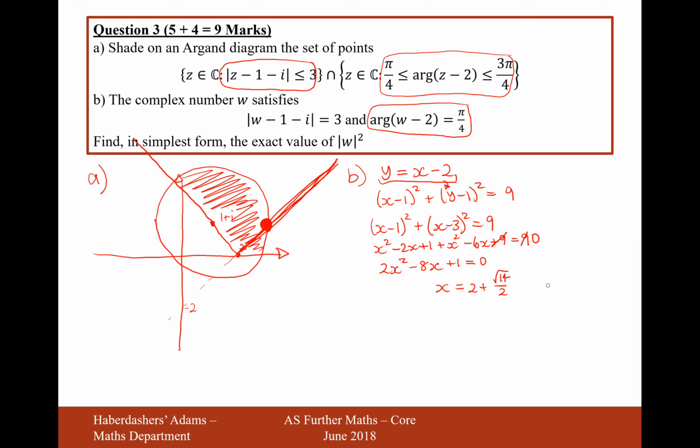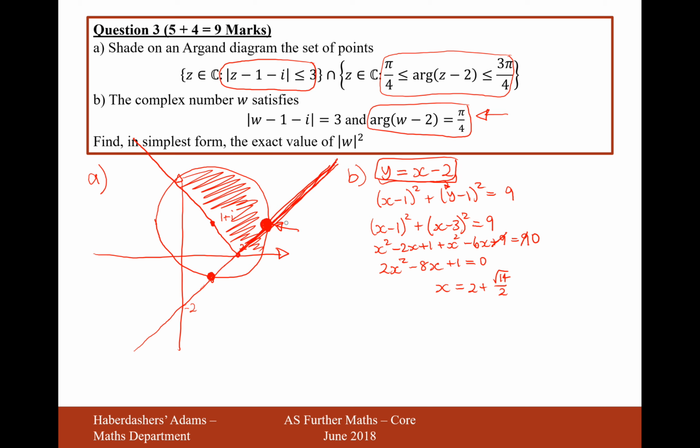Now you'll actually get a second answer, but that second answer is referring to this point down here. When I created this line of y equals x minus 2, it gives us the equation of the whole line. But what I was looking to define is just the half line from 2 diagonally up to the right with the argument of pi by 4.